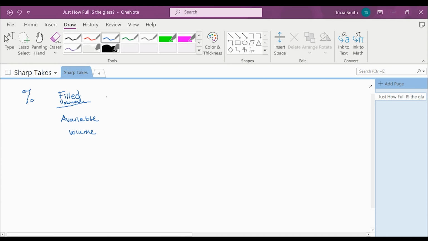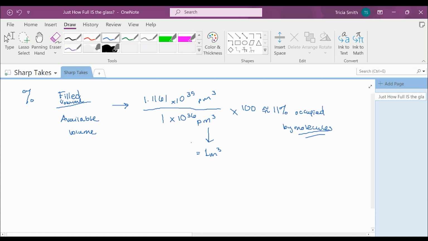So, the filled volume of the water is 1.1161 times 10 to the 35 picometers cubed over the available volume of 1 times 10 to the 36 picometers cubed, which is equal to 1 meter cubed, and then times 100 to get our percent. 11% approximately of the water is occupied by molecules.